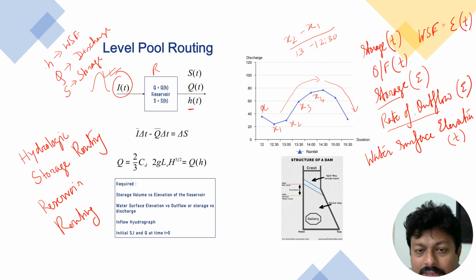So this water surface elevation is a time dependent variable. And as it influences the discharge and storage, we can write that storage and discharge are also time dependent, or dynamic, variables.